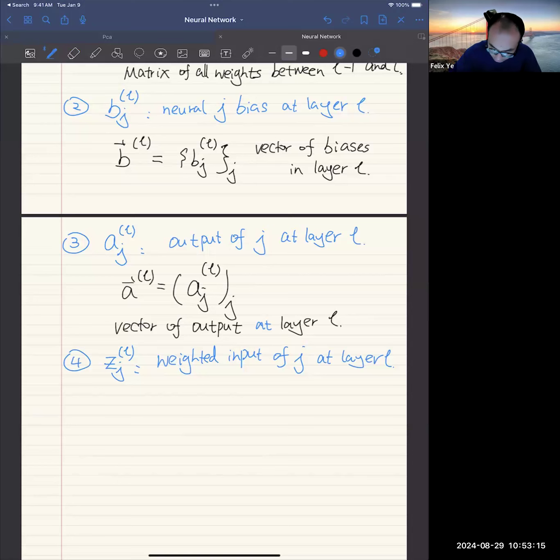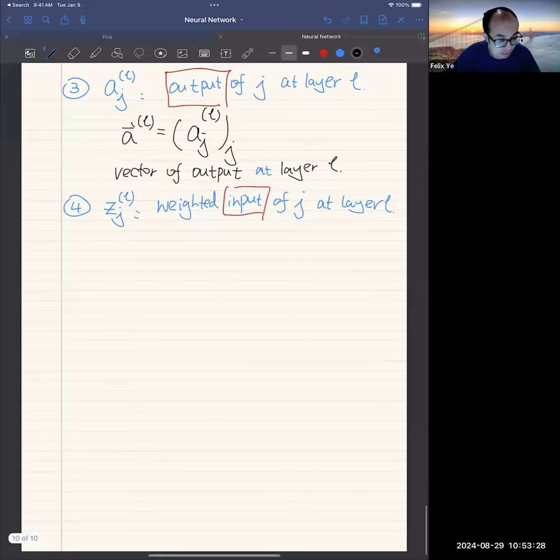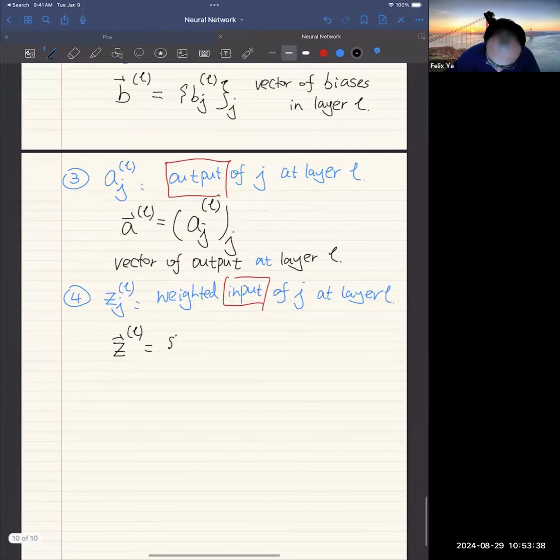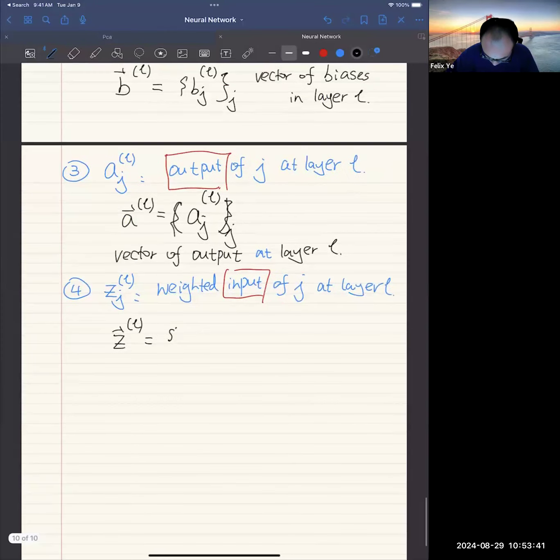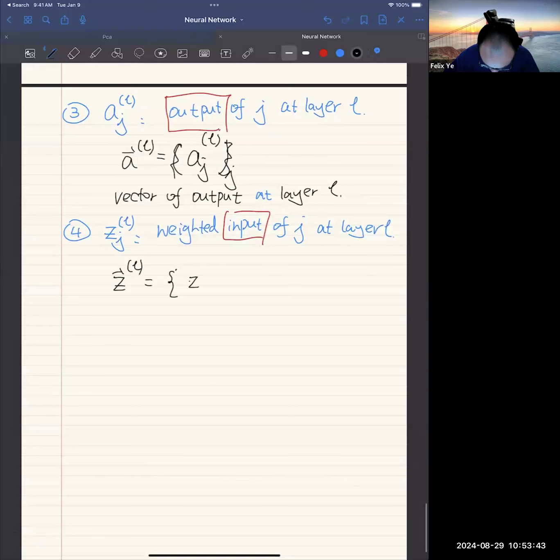I want to box it out. So A, I'm going to call the output, and the Z here is the input before we apply the activation. All right, and similarly, we can vectorize it. So this is Z, with a bracket of ZJ of L over J. This is basically a vector of the weighted inputs.